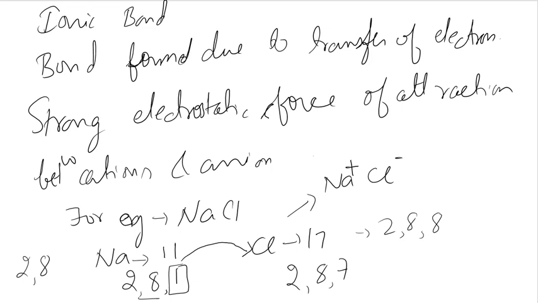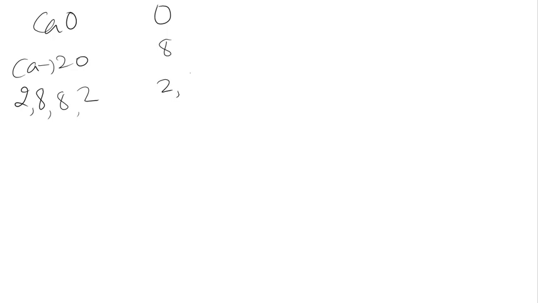Next, the properties of ionic bond. There are many properties of ionic bond, but before that, we can discuss more examples. CaO: calcium's atomic number is 20, electron configuration 2, 8, 8, 2. Oxygen's atomic number is 8, so we write 2 and 6.